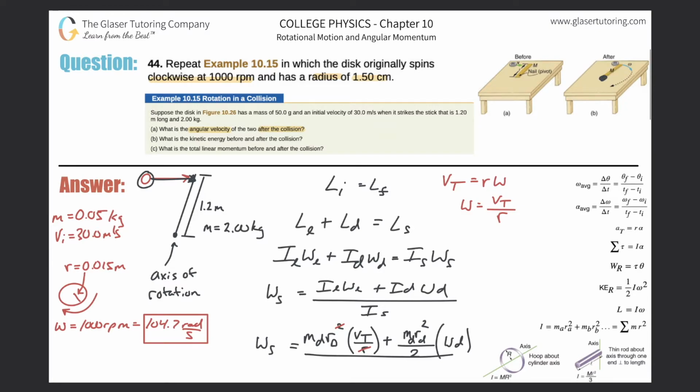Now remember, the fixed point is right here. So I have one system here, but I have to break this up into two objects. I have the disk's mass that is going to make a rotation around the periphery here, which is approximated by this hoop. And then I also have to take into account that the rod is also rotating around that axis.